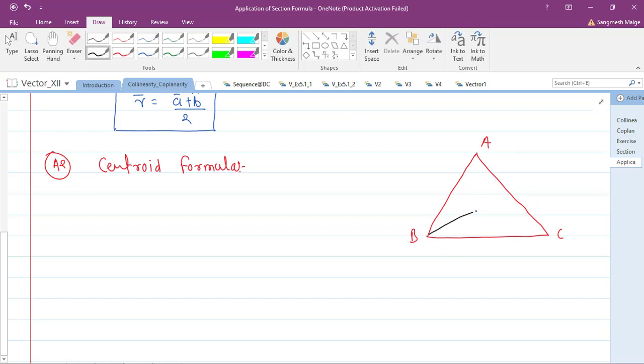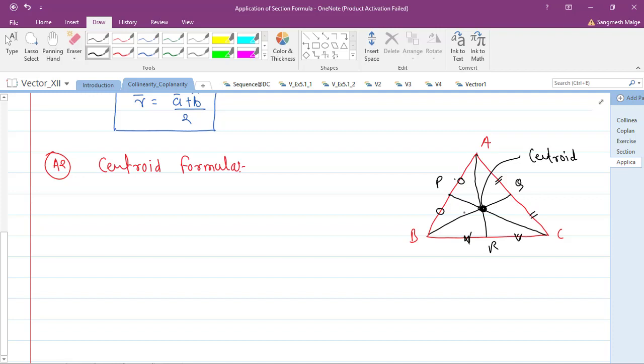Median means we connect the midpoint to the opposite vertex. This is the median. And we have another midpoint somewhere here. These two segments are the same. So these are P, Q, R. Then this point is known as the centroid of this triangle, and AR, BQ and PC become the medians.